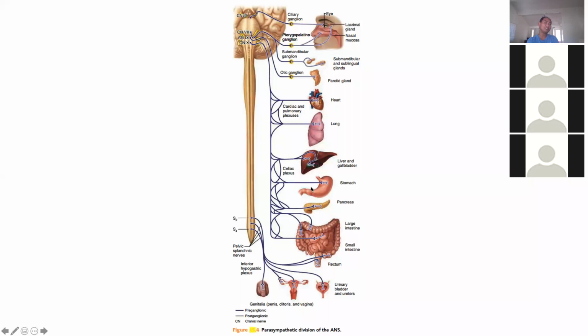They will increase the stomach motility, they will increase the gastric acid secretion. They will ask the liver to digest more, they will ask the pancreas to secrete more, and they will ask the colon to move more. So that is the parasympathetic system.